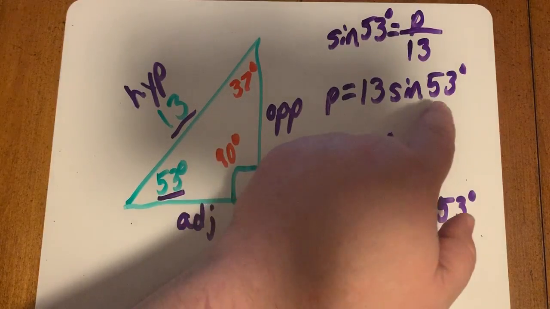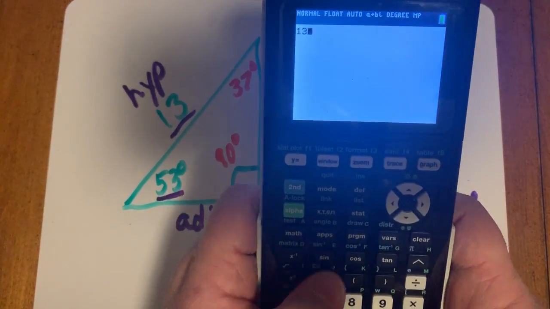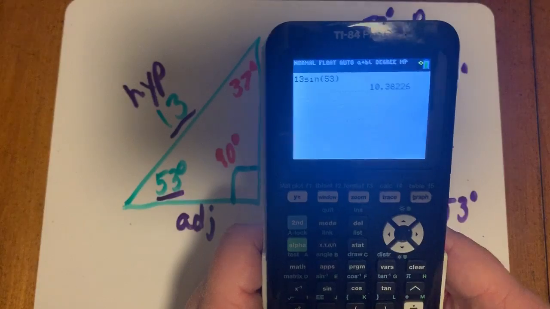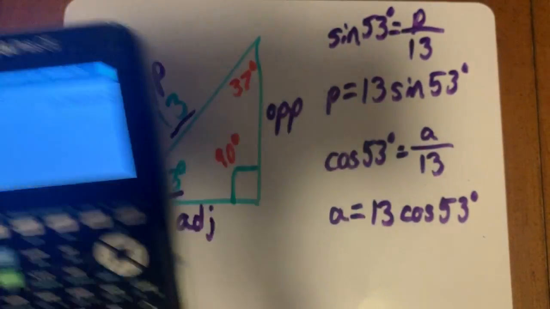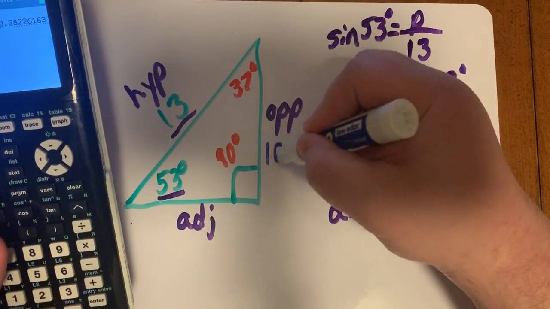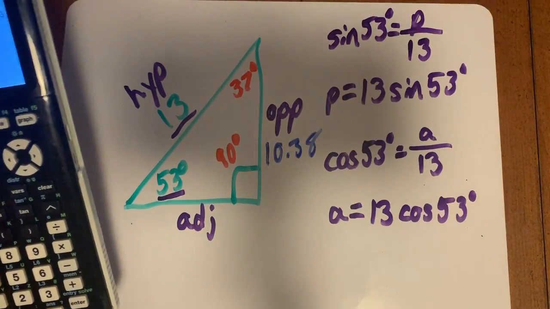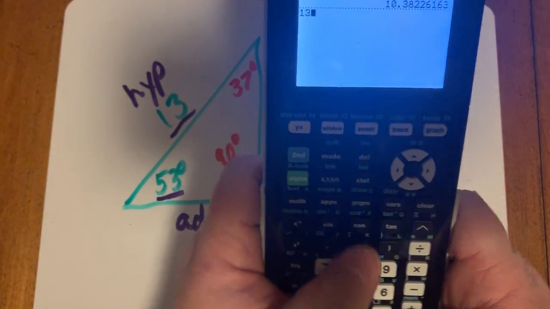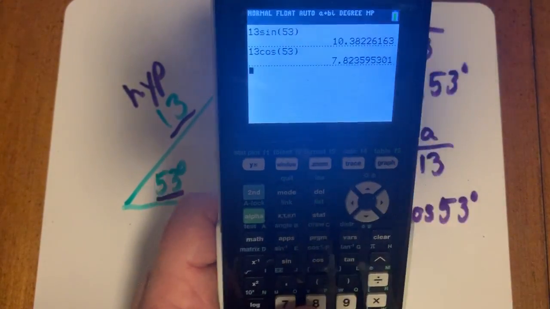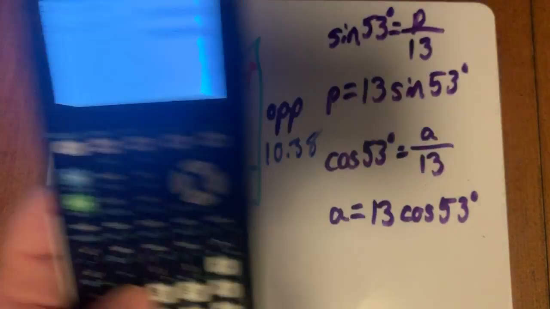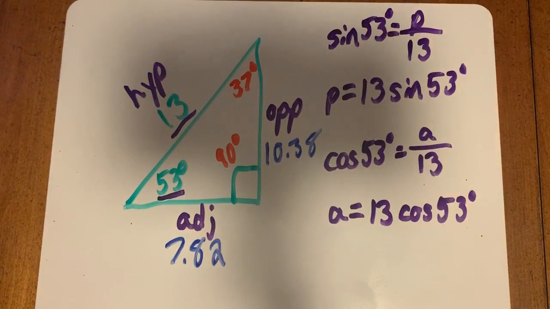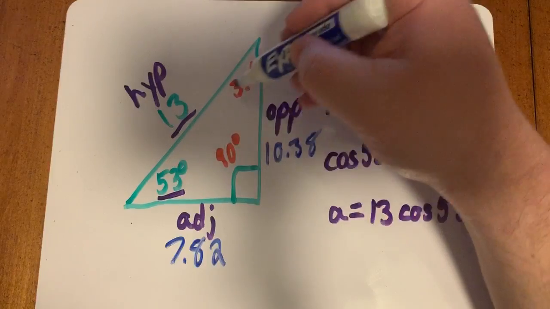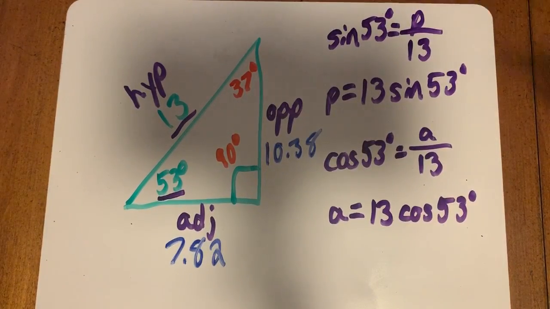So we'll use 13 times sine of 53. And that is 10.38. So I'm just going to label that there. And then 13 cosine of 53 is 7.82. All right, so now we have all three sides, all three angles. We've solved our triangle.